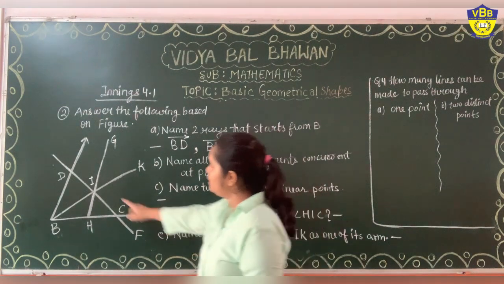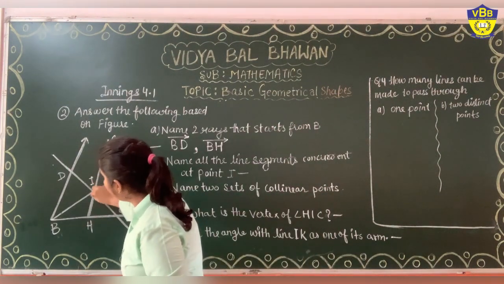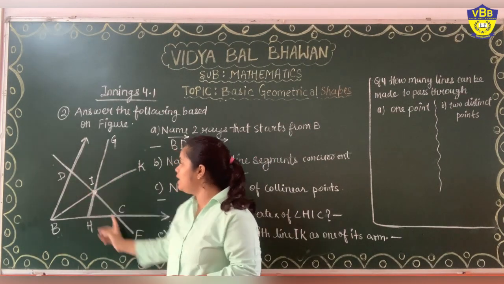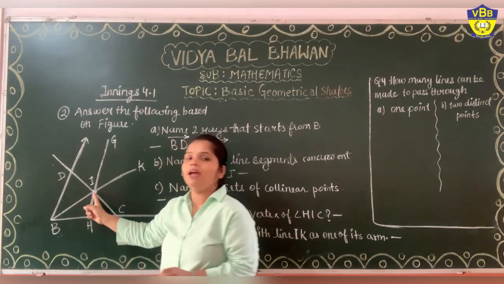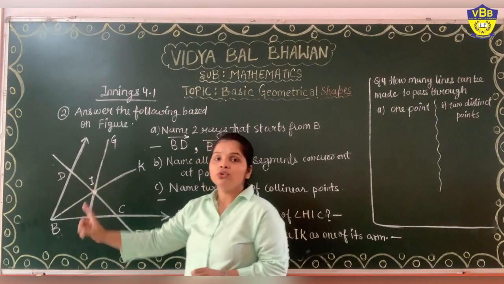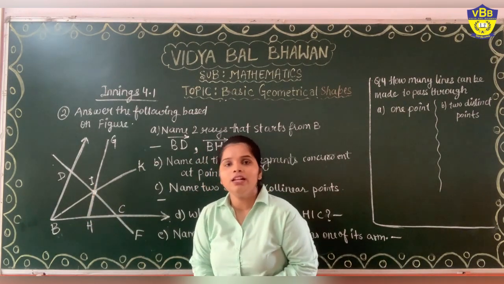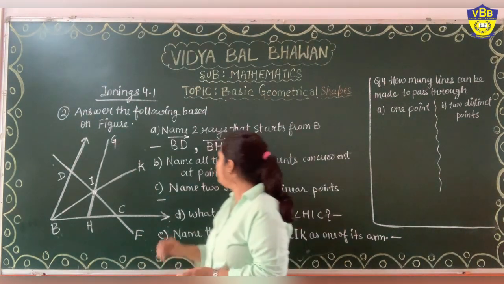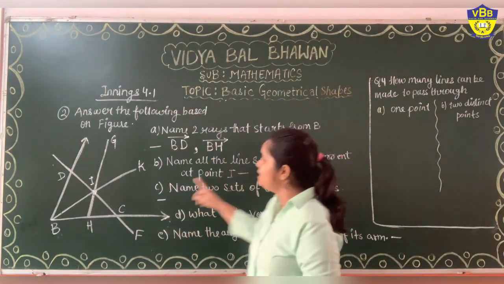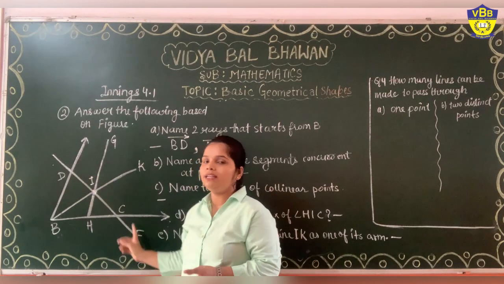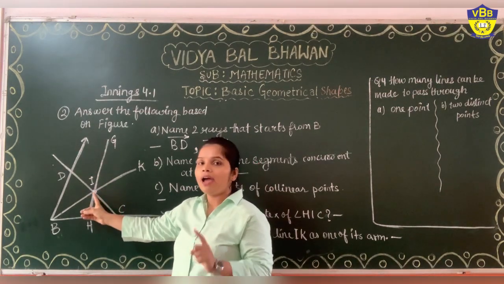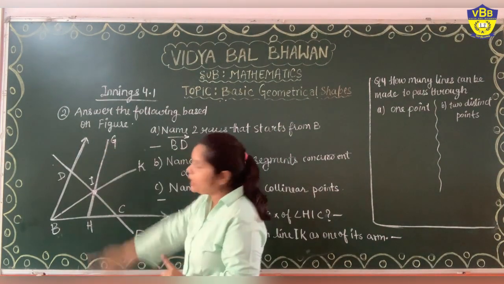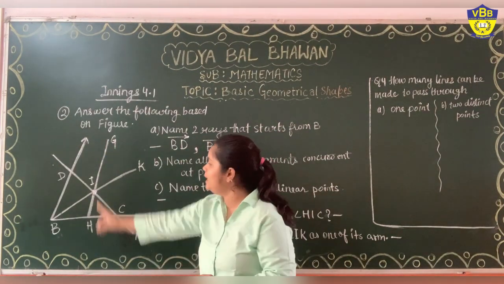You can see here, this is the point I, and various lines are intersecting here at point I. So those sets of lines are called concurrent lines. So you need to tell all the line segments which are intersecting at point I only. So what are the line segments which are meeting at I?